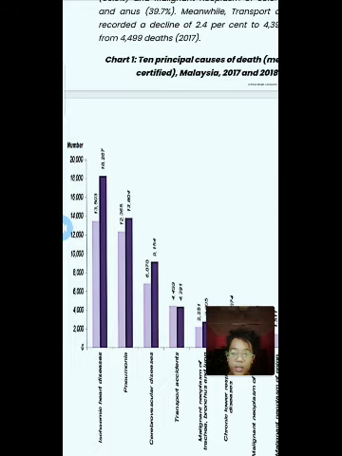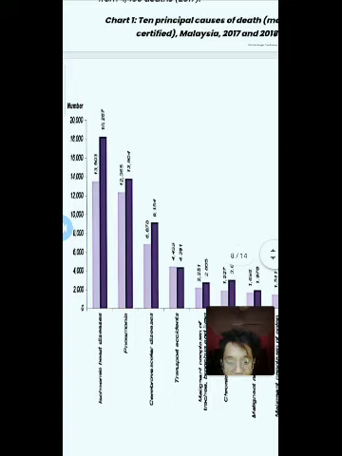So the next one is pneumonia. You can see there, in 2017, the deaths are only 2,365, but it just increased a little bit in 2018, to 30,804. It's not a major increase. For the third one, cerebrovascular disease.